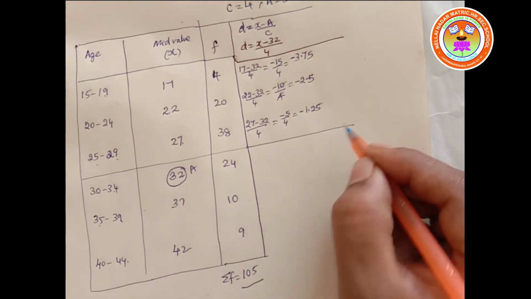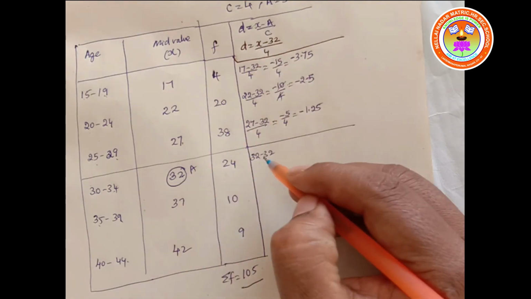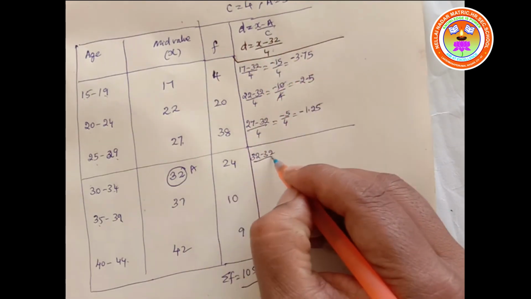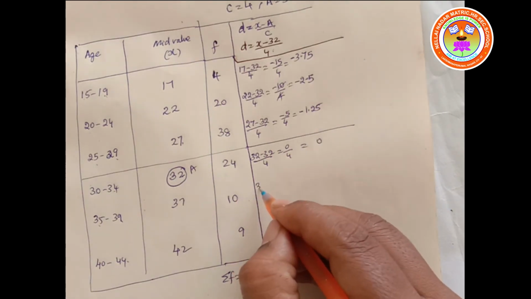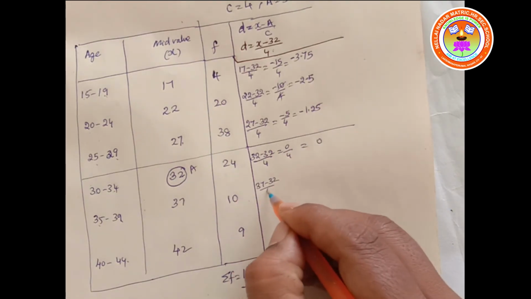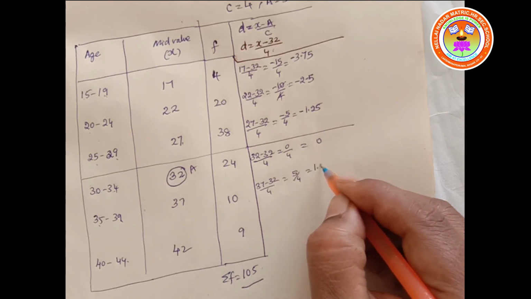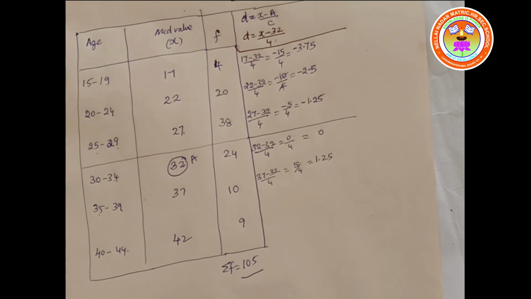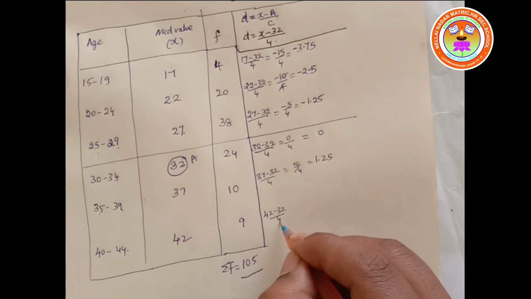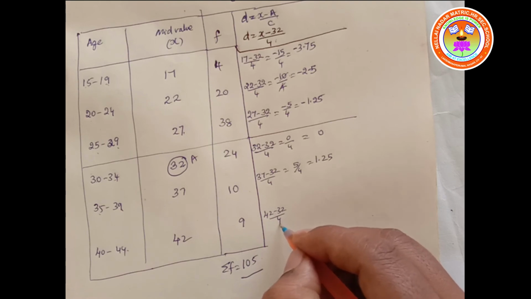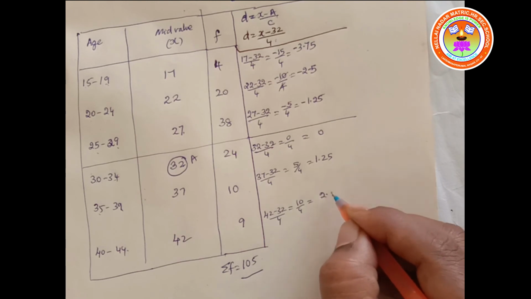Same way, 32 minus 32 divided by 4, 0 by 4, that is equal to 0. Then 37 minus 32 by 4, that is 5 by 4, that is equal to 1.25. Now next is 42 minus 32 divided by 4. It's clear, children? That is equal to 10 by 4, that is equal to 2.5.